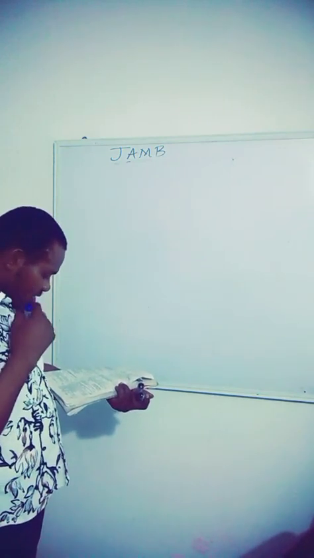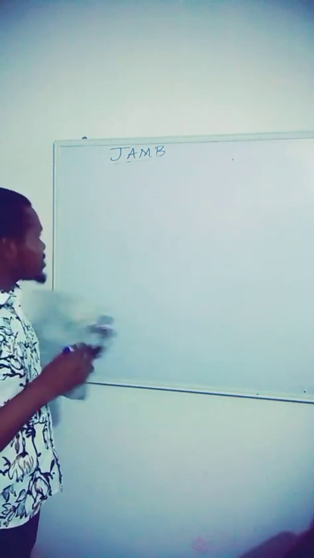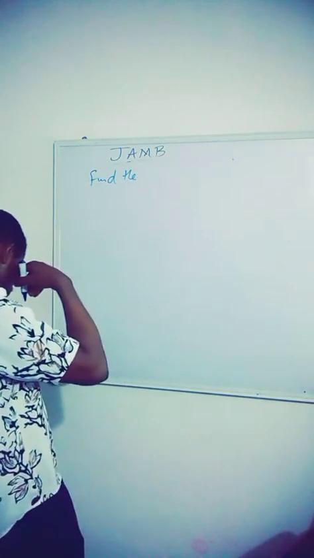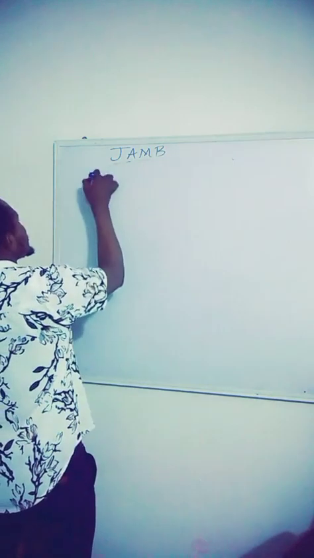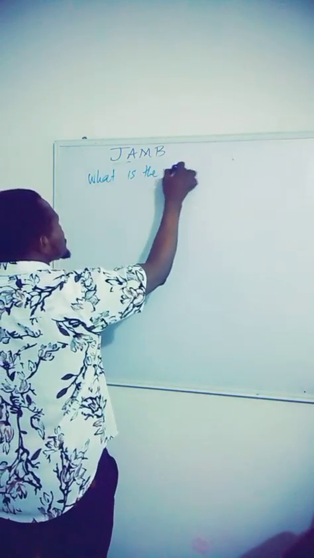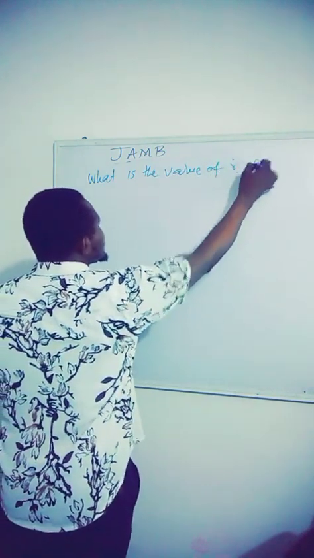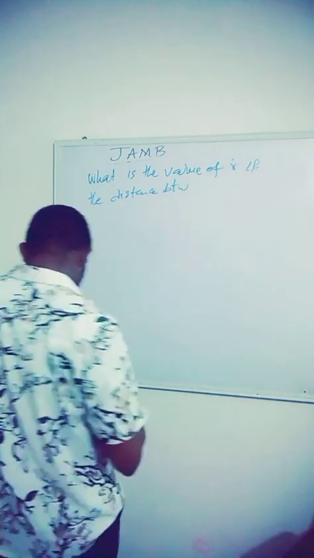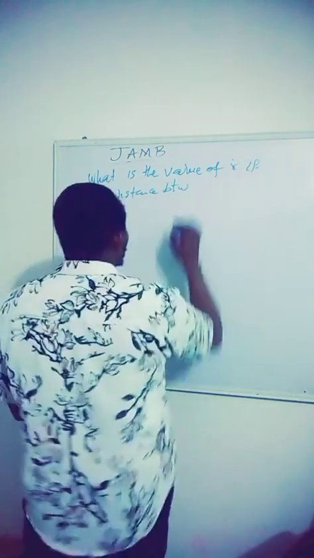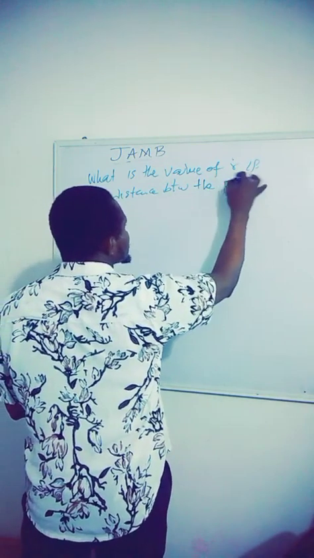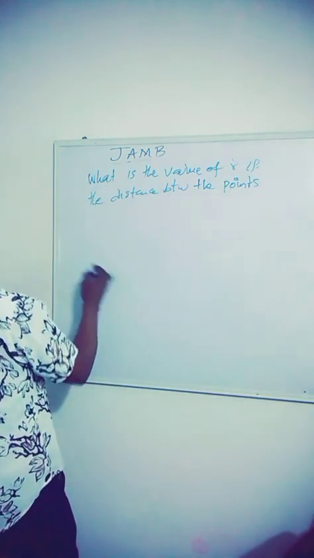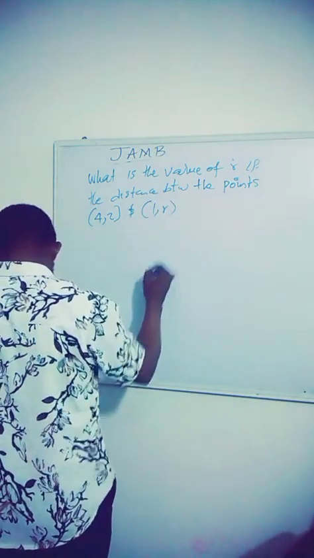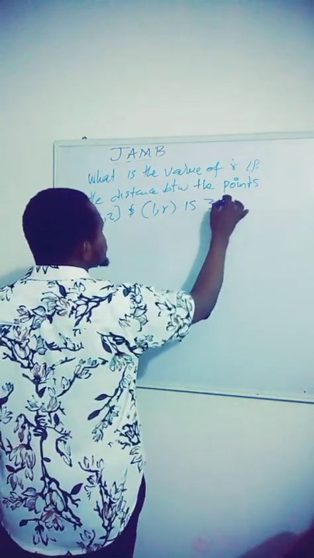What is the value of R if the distance between the points (4,2) and (1,R) is 3 units?